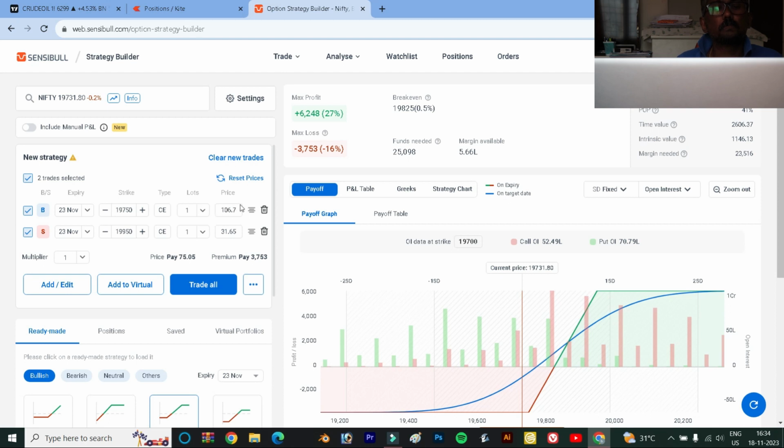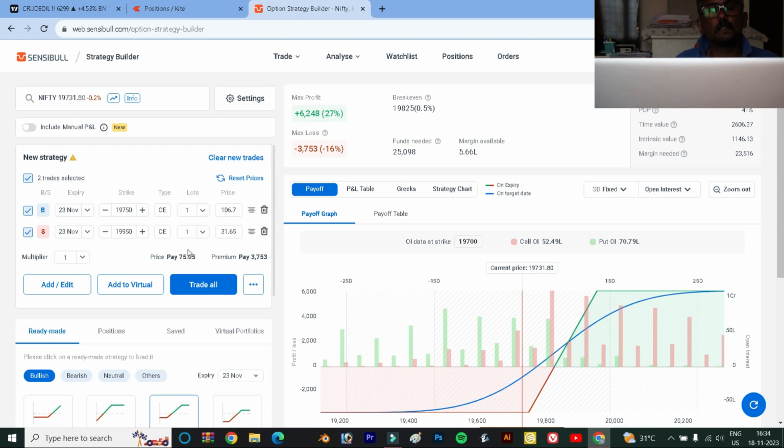In the bull call spread, we will buy the at-the-money call and sell a slightly OTM call. Here 19,750 is the at-the-money call, with a premium of around 106, and for the OTM call the price is around 31 rupees. So this is the buying leg, and this is the selling leg.